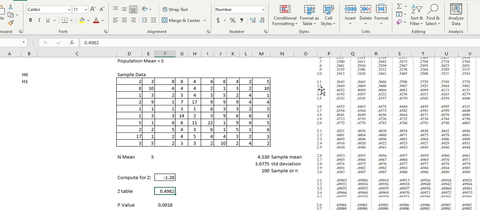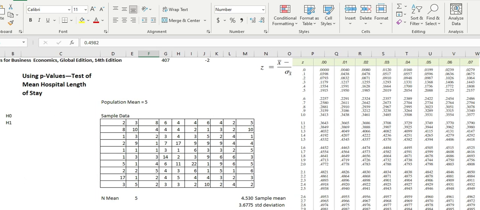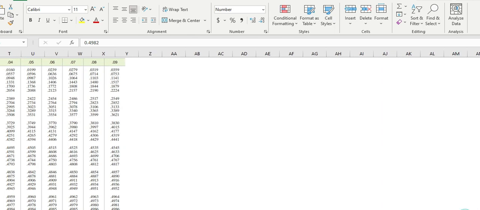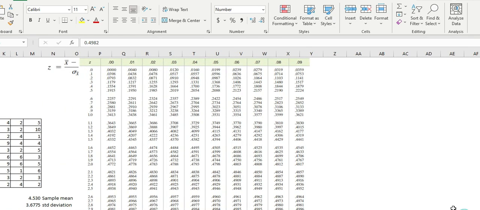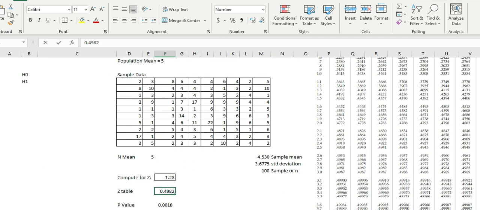So 1.2, and let's look for 8. Let's follow here, and then 1.28 here, 0.3997. So that's the value.